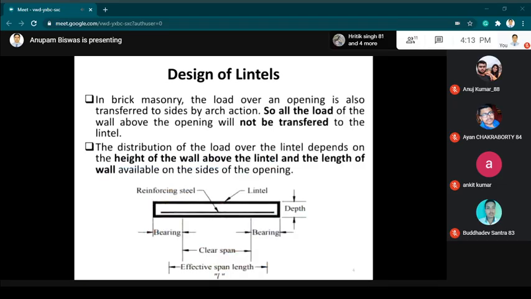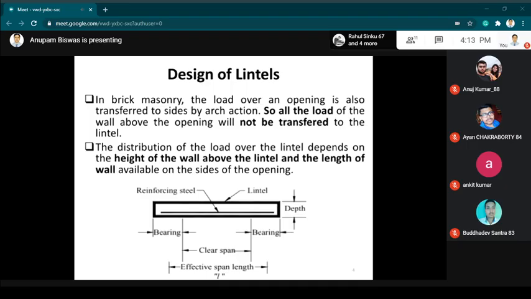Let me first discuss the basics of how the load is transferred to the lintel. The load of the masonry structure above the lintel is taken by the lintel itself.